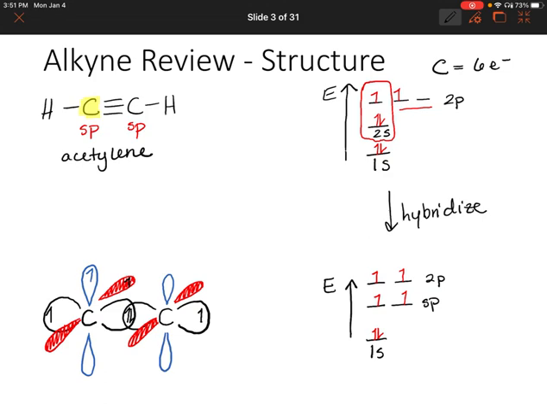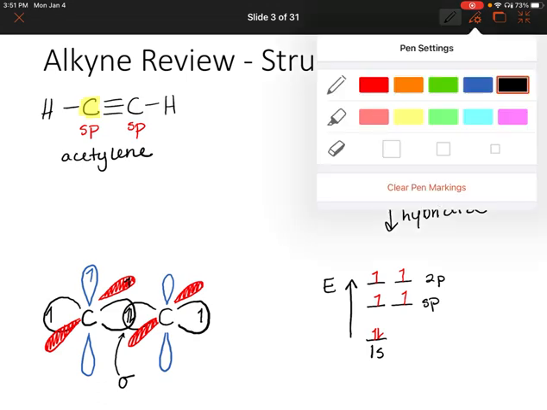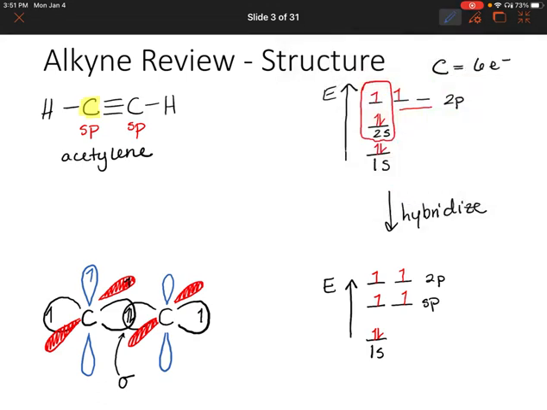So now we have a set of paired electrons in the middle, and that will be our sigma bond. Okay, and then it also has an unpaired electron in one of its p orbitals as well as the other one.